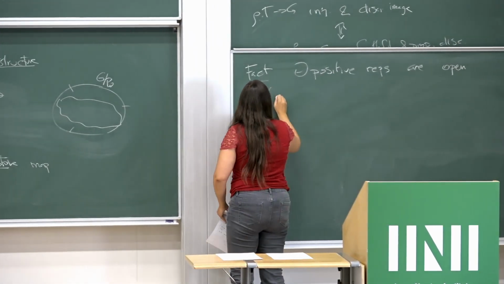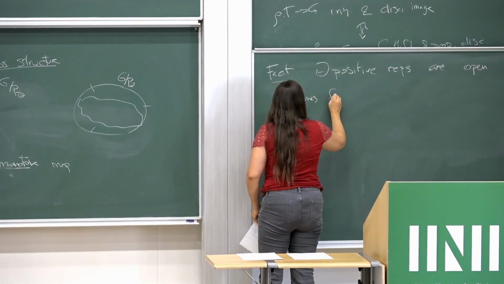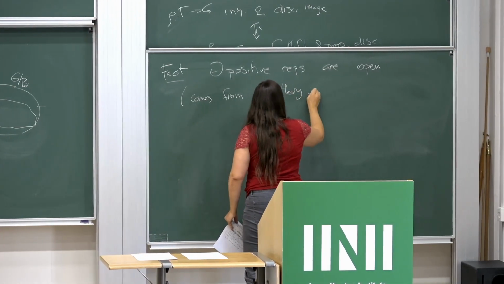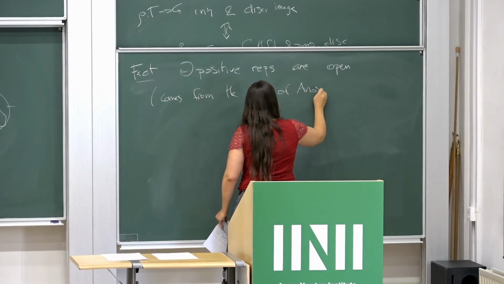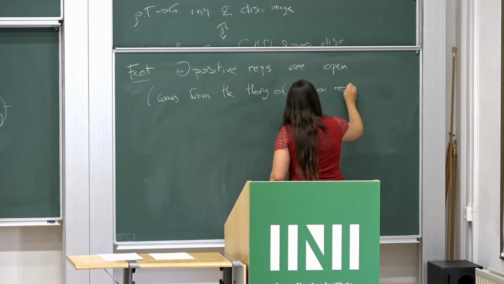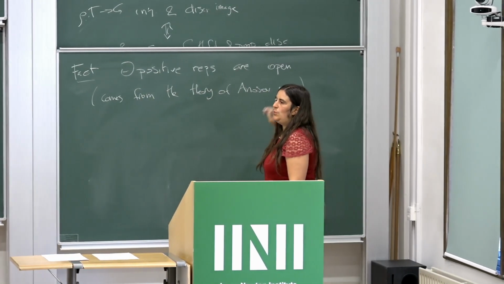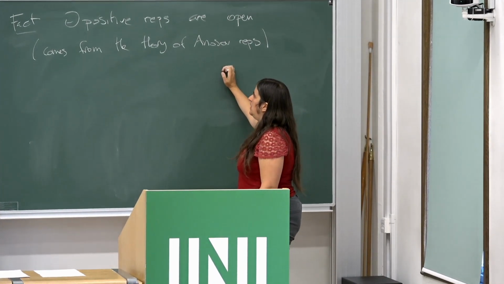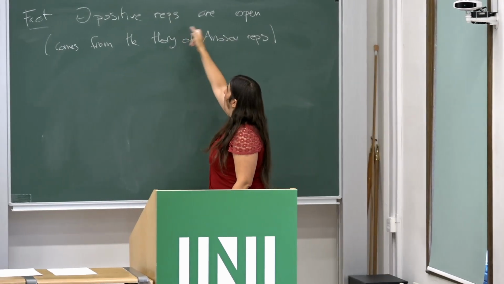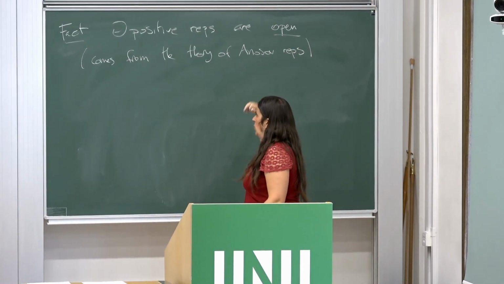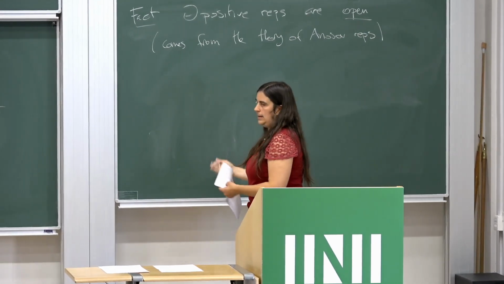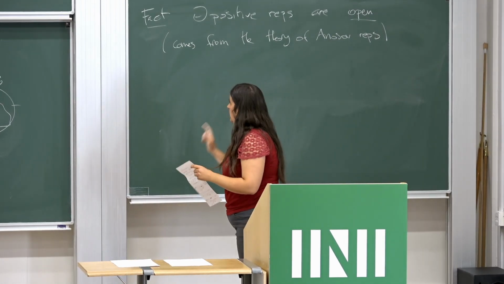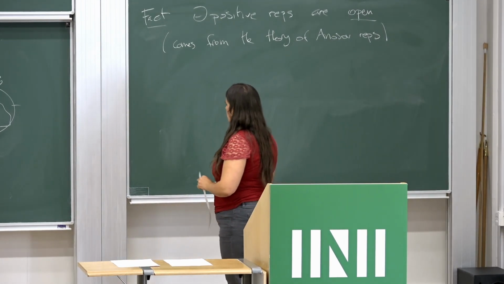This comes from the theory of Anosov representations, which is an active and beautiful theory that I will not have time to talk about today. So this openness can be attacked through either dynamical techniques or understanding the geometry of symmetric spaces. But I will not say anything more than this today.